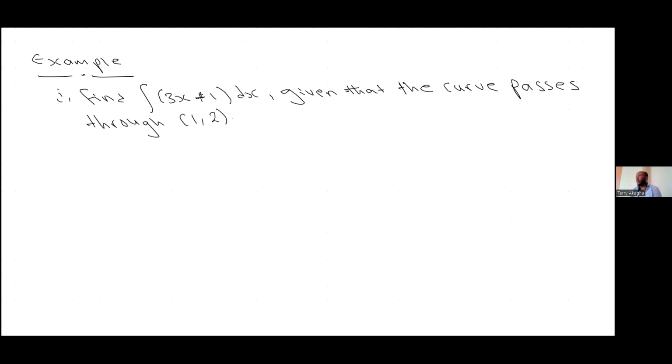So we're now told to find the expression of y in terms of x.